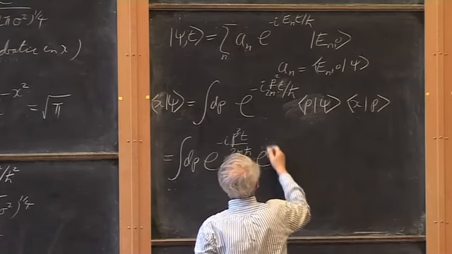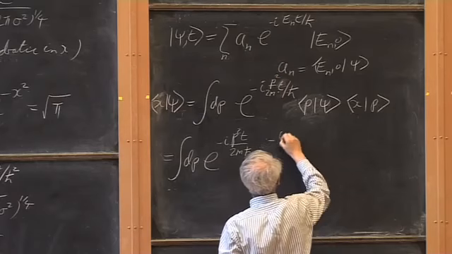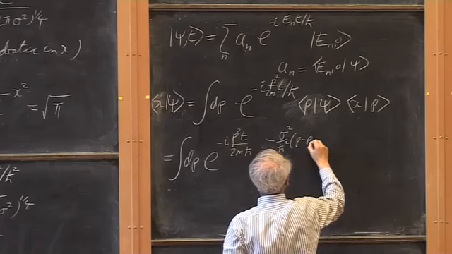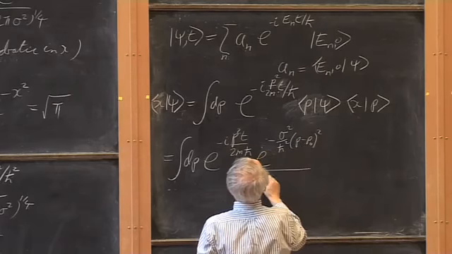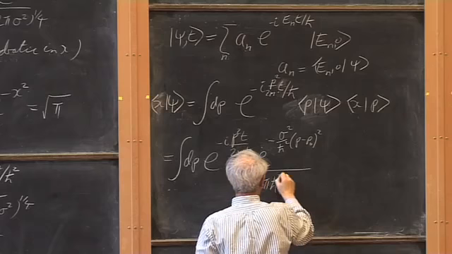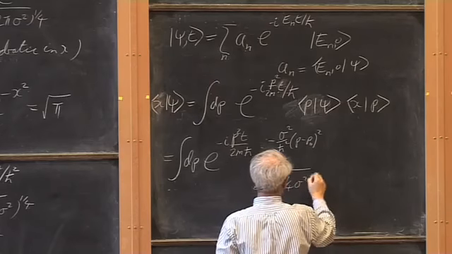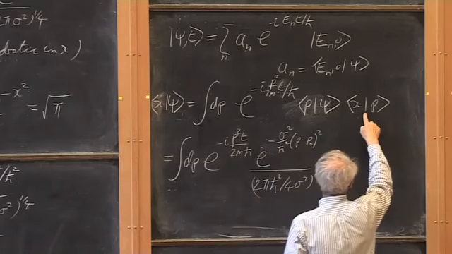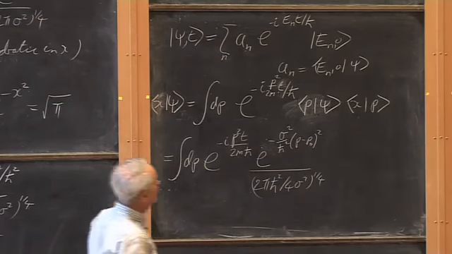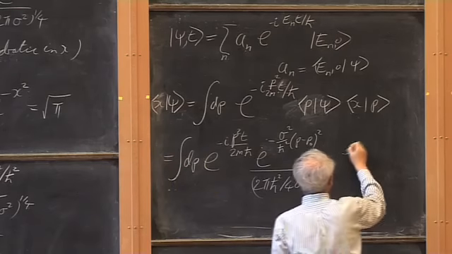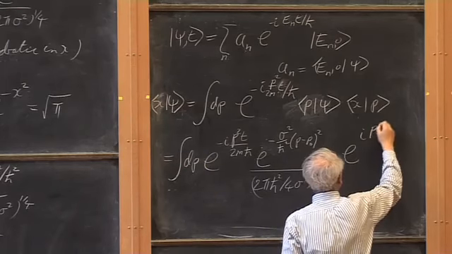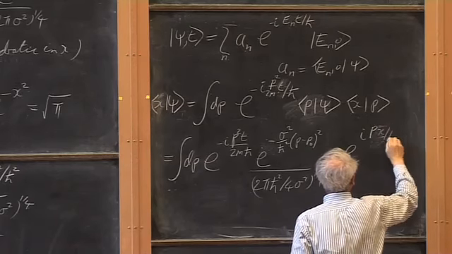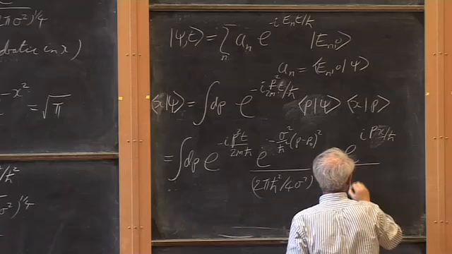Then here we have what we said it was going to be, e to the minus sigma squared over h bar squared (p minus p naught) squared, times a horrible (2 pi h bar squared over 4 sigma squared) to the 1/4 power, if I've got that right. And this is our wave function for a state of well-defined momentum, which is e to the i p x over h bar, over the square root of just h.